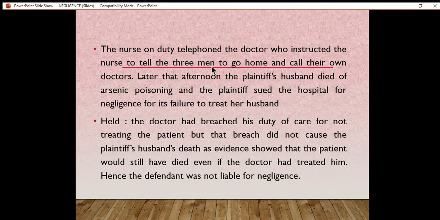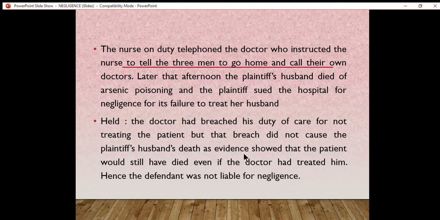She argued that the hospital owed responsibility, and the doctor had breached his duty of care for not treating the patient, but that breach did not cause the plaintiff's husband's death. See, the first and second elements of negligence may be fulfilled, but for the third element, the breach did not cause the plaintiff's husband's death, as evidence shows that the patient would still have died even if the doctor had treated him.